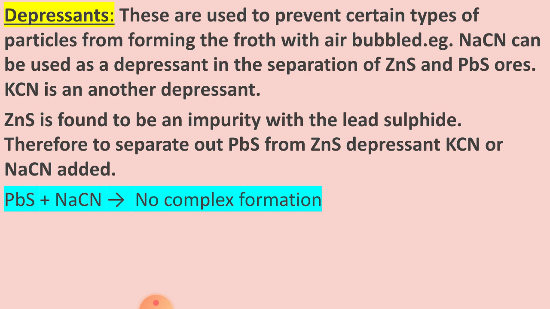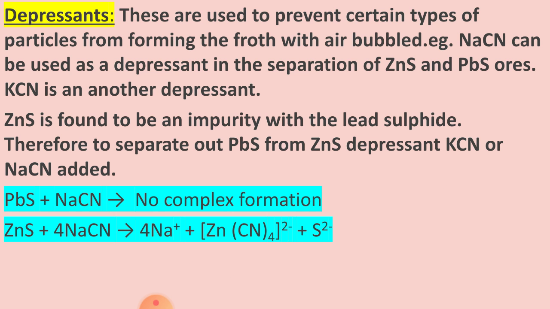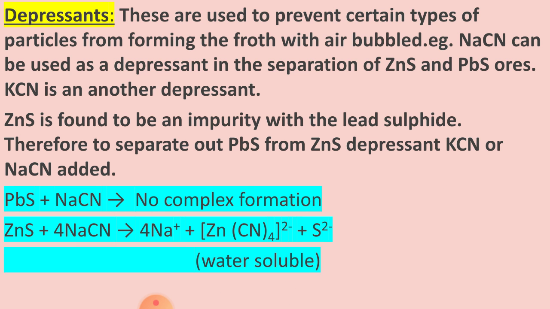So the reaction takes place like this. PbS plus NaCN do not form any complex. That means NaCN does not react with PbS. This is basically due to the very low solubility product of PbS. But when ZnS reacts with NaCN, it forms a complex which is water soluble.